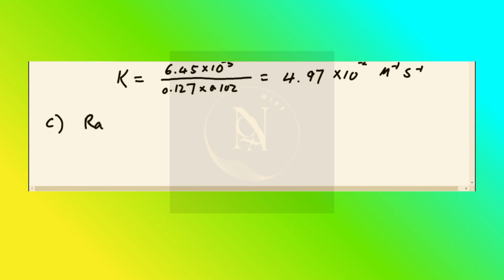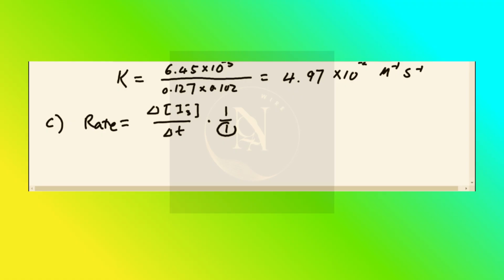So the rate of the reaction in terms of triiodide will be delta triiodide over delta t, multiplied by 1 over 1, because if you look at the balanced equation, the coefficient for triiodide is just 1.